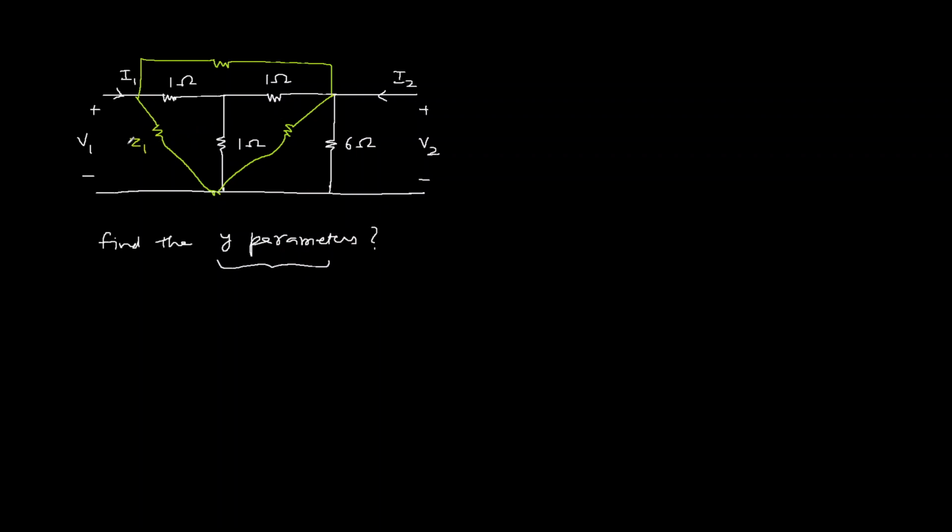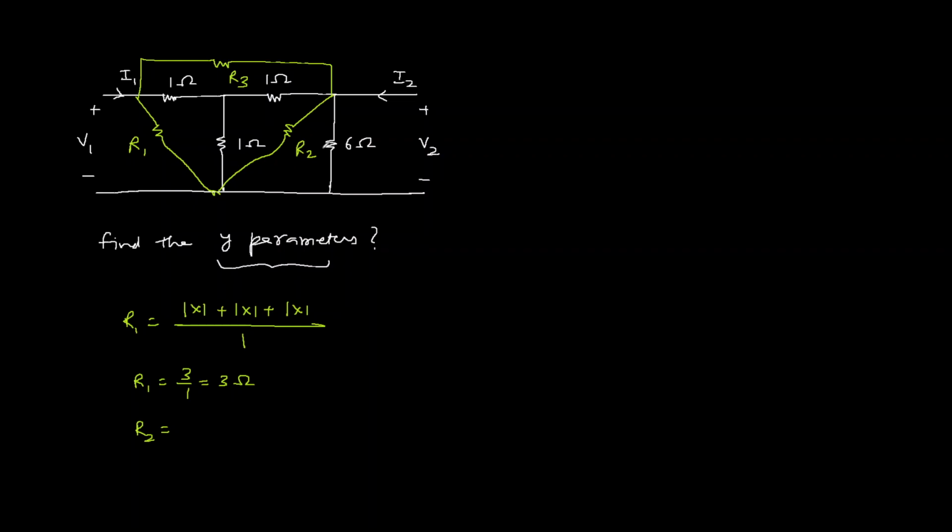Suppose these are R1, R2 and R3. So R1 is 1 into 1 plus 1 into 1 plus 1 into 1, over this one. So R1 is basically 3 over 1, so 3 ohm.